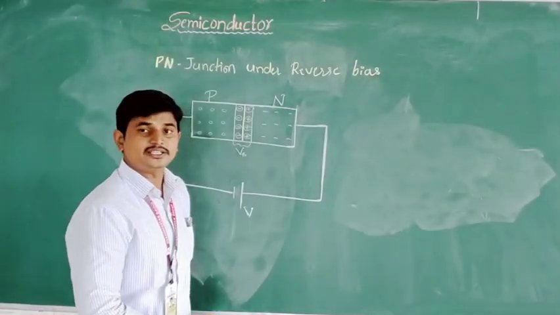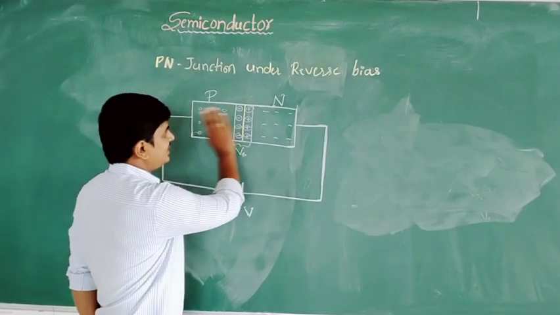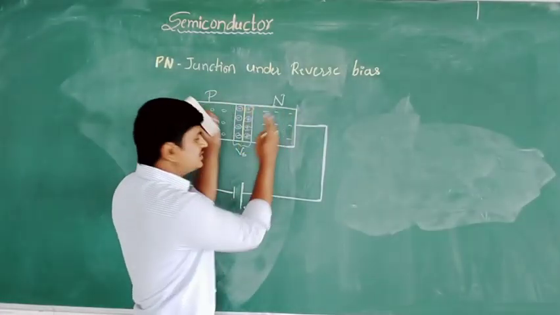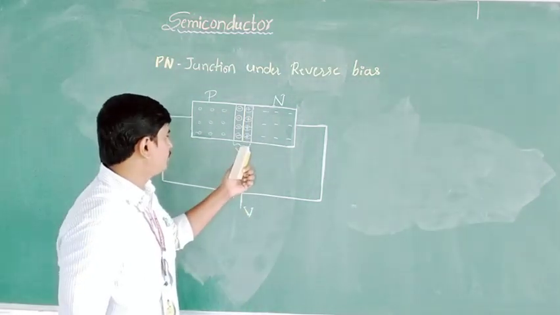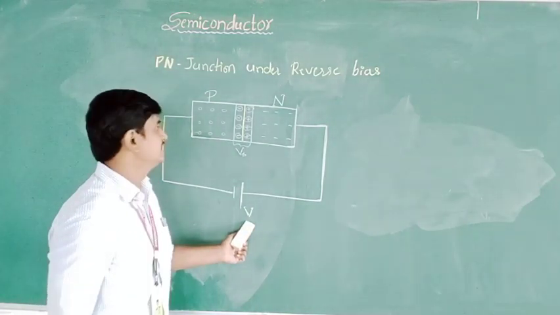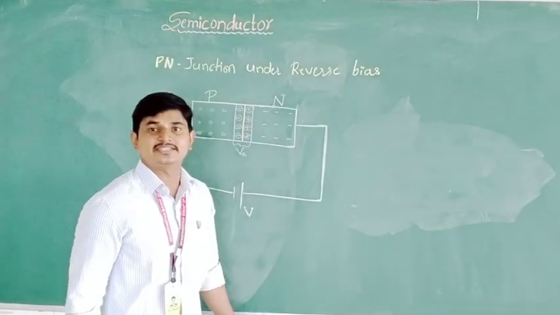Hence, what happens here? These charges move to this side and this side. Because of this, the potential barrier increases. The direction of the potential barrier and the applied voltage are both in the same direction. Hence, the barrier width increases.